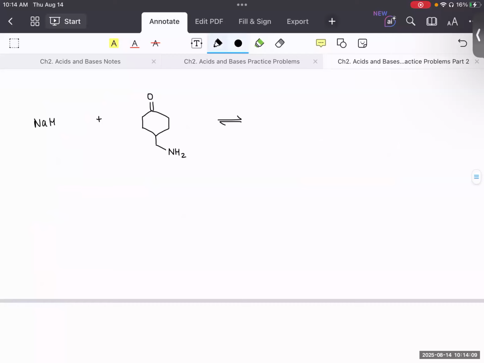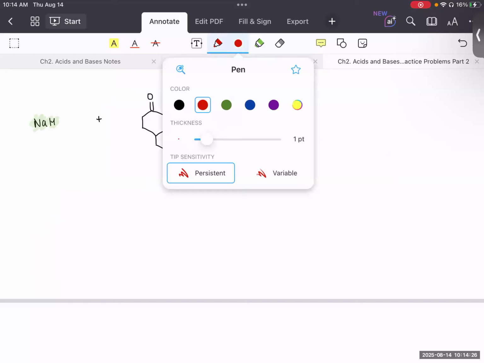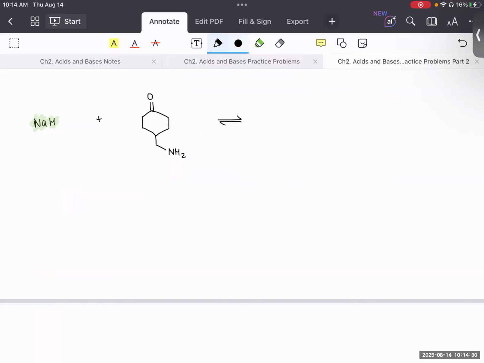All right, this is the last one, and this one's pretty tricky. So there's a few common errors that people make with these types of problems, and this question kind of shows us. So sodium hydride right here. Whenever we see sodium, we should be thinking about splitting it up into sodium plus, and then here we want that H minus, hydride.